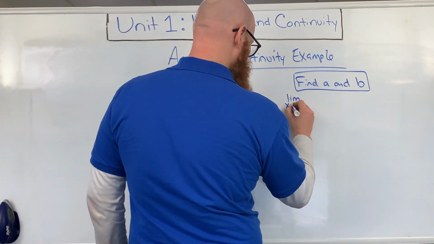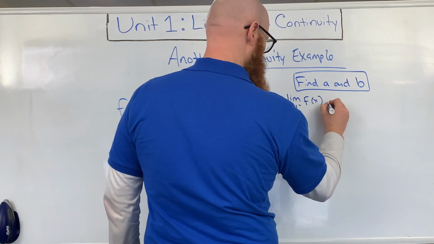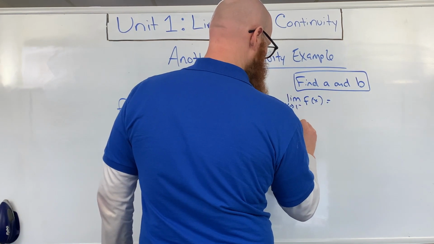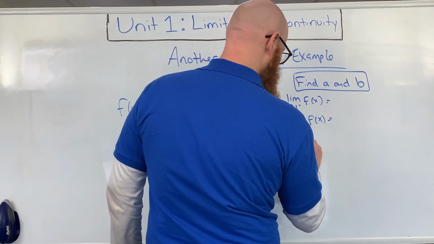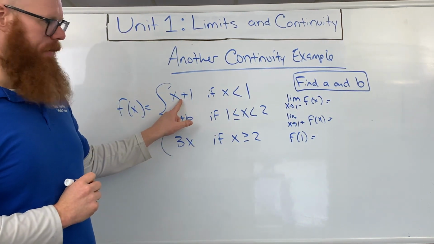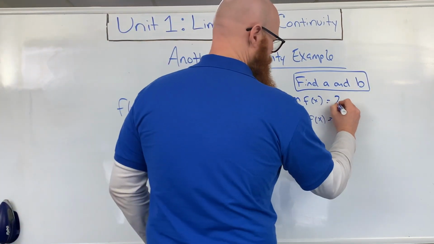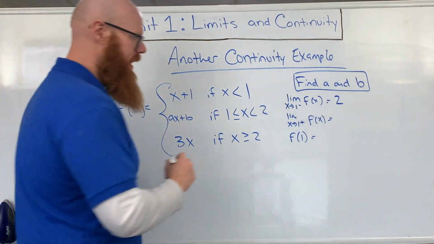So we're going to take the limit as x approaches 1 from the left, the limit as x approaches 1 from the right, and f of 1. So 1 from the left is plugging 1 into this function, so that just gives us 2. 1 from the right is this function, so that gives us a plus b.